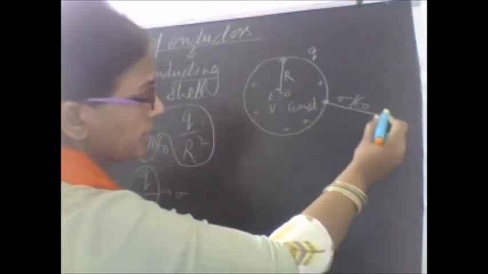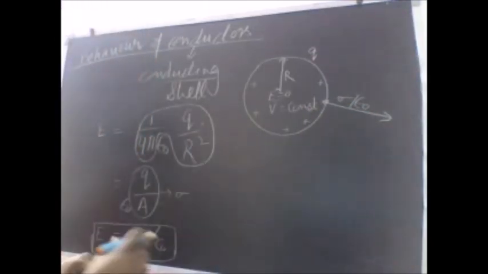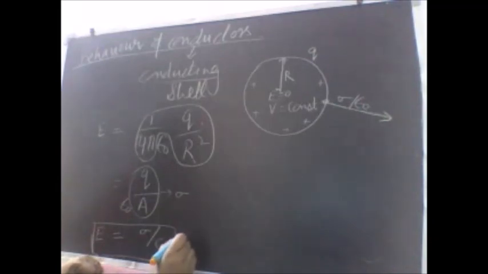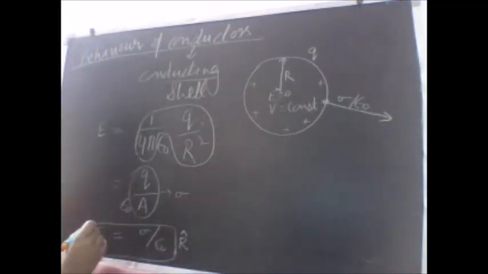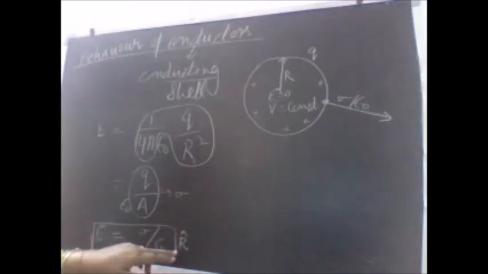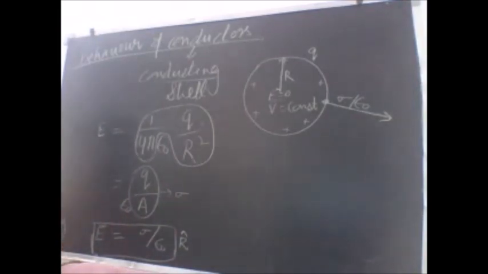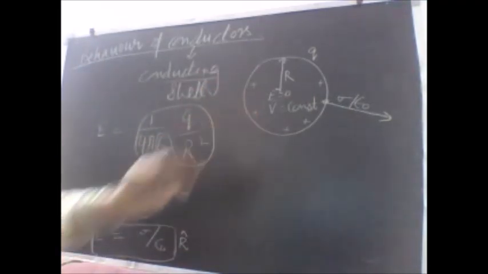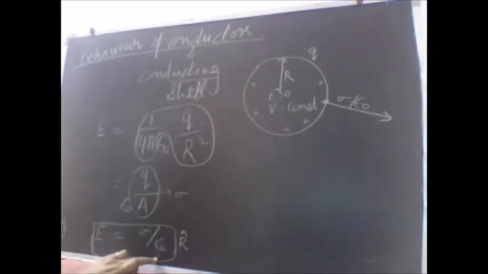So if I put a vector sign, the vector electric field is sigma by epsilon naught r cap, where r cap is radially outwards. So this becomes the fourth property: the electric field at the surface of the conducting shell or a solid conductor is sigma by epsilon naught. All these four properties we are going to use when we jump to capacitors.